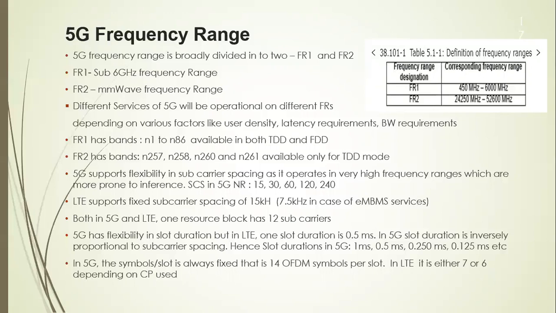So in case of LTE, only one slot duration we know, that is 0.5 milliseconds per slot. But in case of 5G, we have 1 millisecond, 0.5, 0.25 milliseconds, 0.125 milliseconds. So as subcarrier spacing increases, the slot duration decreases.